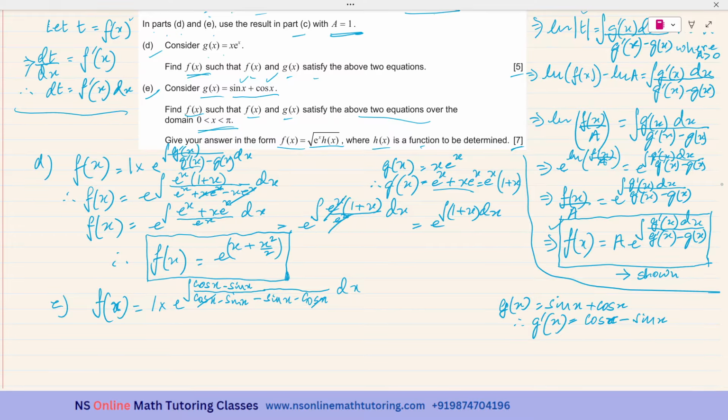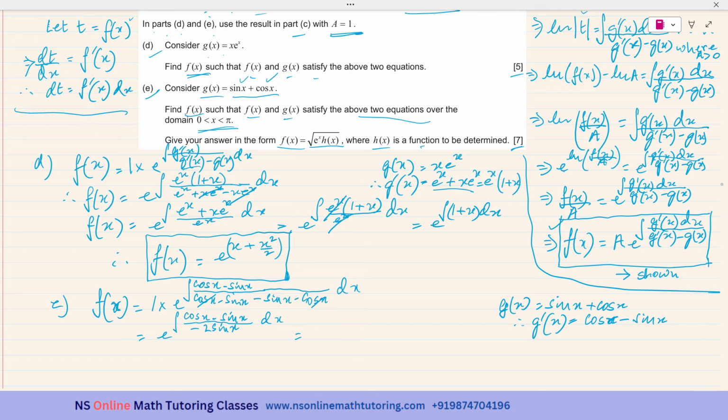So we have this to be equal to e to the power of integral of cos x minus sin x over minus 2 sin x dx.